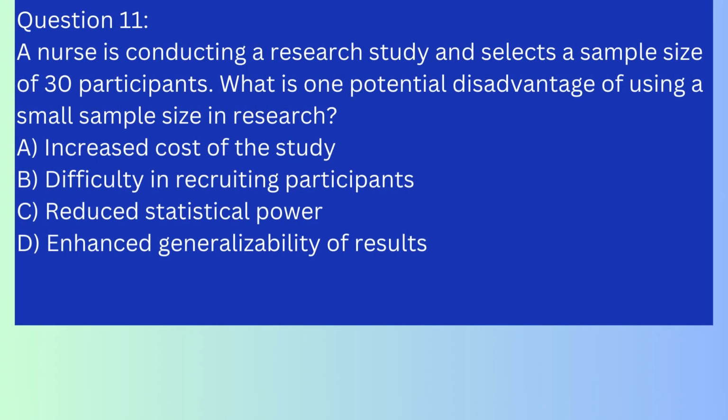Question 11. A nurse is conducting a research study and selects a sample size of 30 participants. What is one potential disadvantage of using a small sample size in research? A. Increased cost of the study. B. Difficulty in recruiting participants. C. Reduced statistical power. D. Enhanced generalizability of results.